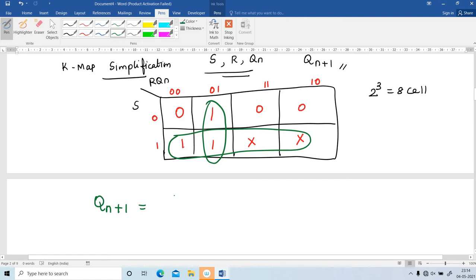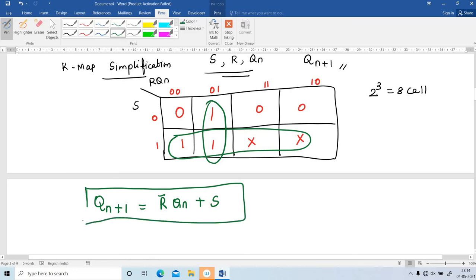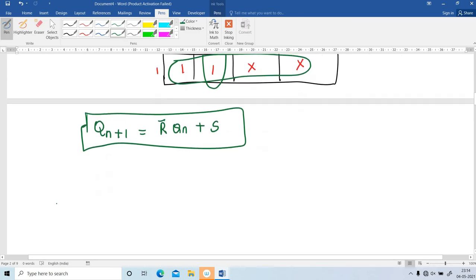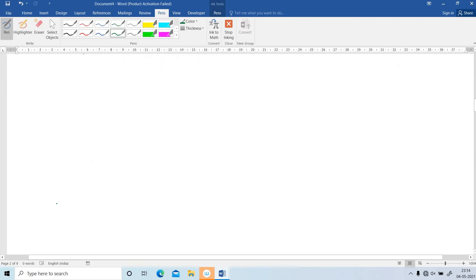This is R bar Qn plus this one is S. This is the logical expression for the SR flip-flop. And afterwards, I am going to find out the function table or characteristics table.